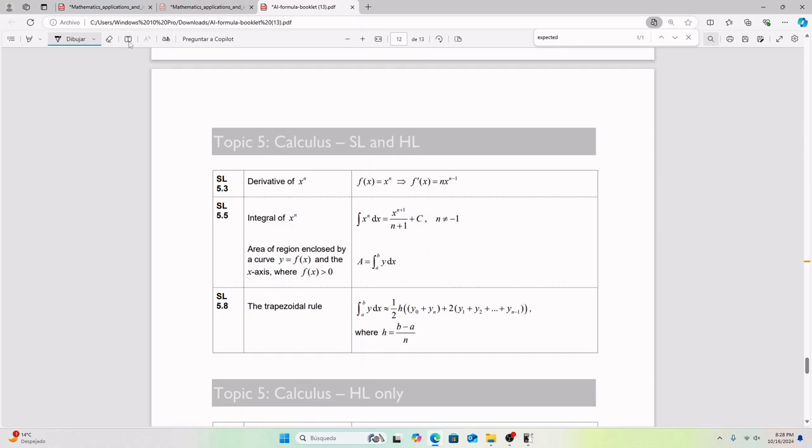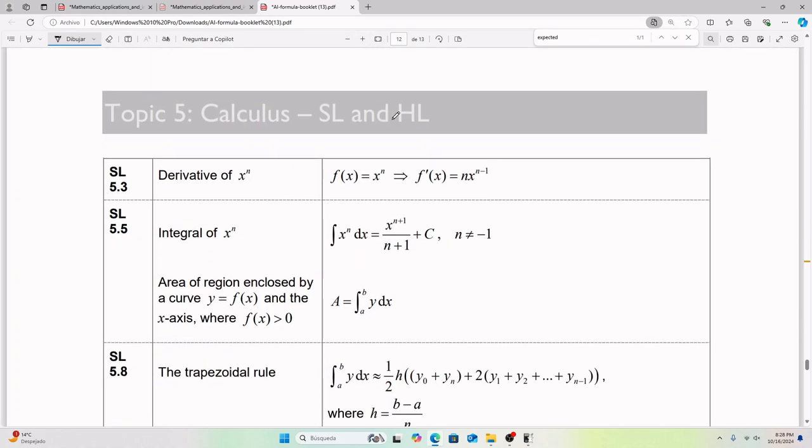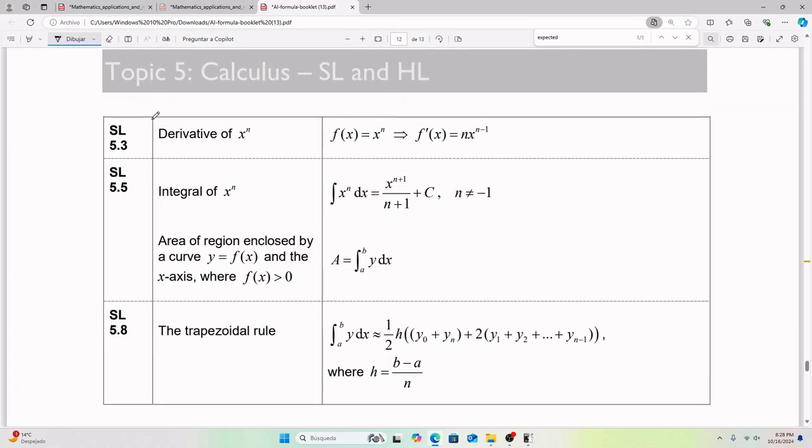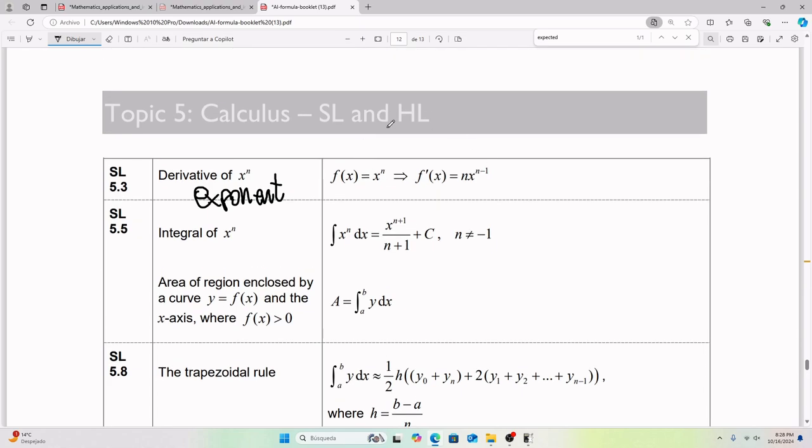Over here, the only derivative that we need to know for AISL is the derivative of the exponent. I do have a video explaining this a little bit more, I think it's called derivative of an exponent 101 or something like that, but I'm still going to give you the rundown on how it works.